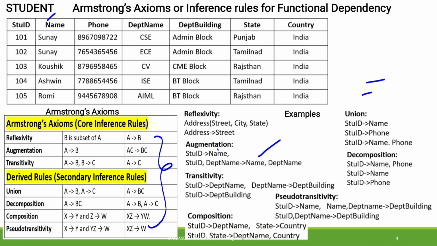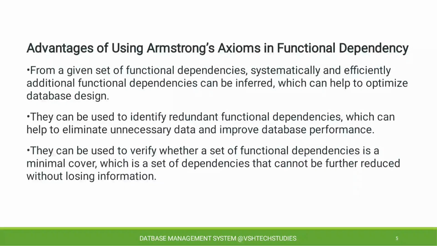Next we shall move on to study the advantages and disadvantages of Armstrong's axioms or inference rules for functional dependency in DBMS. Advantages of using Armstrong's axioms for functional dependency in DBMS are: for a given set of functional dependencies, systematically and efficiently, another set of functional dependencies can be obtained. It helps to optimize database design.